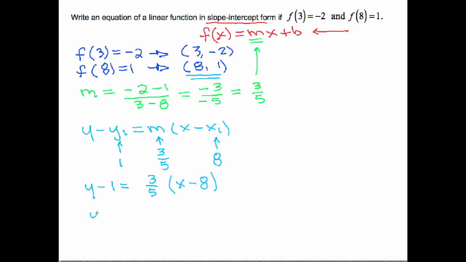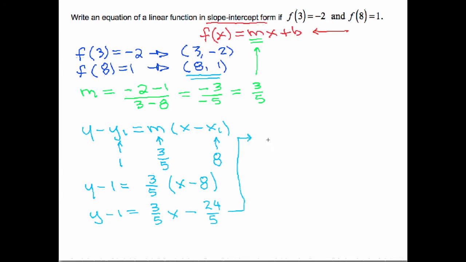Solving for y, the first thing I'll do is distribute the 3/5. So I have y minus 1 is equal to 3/5 x, and 3/5 times a negative 8 is negative 24 over 5. Last step is to add a 1 to both sides.